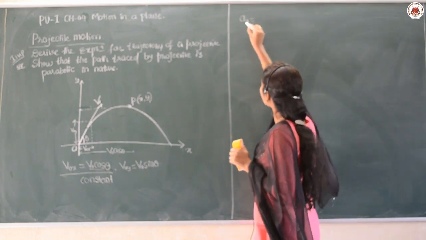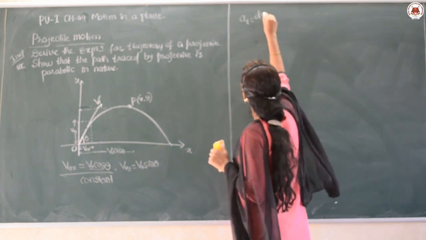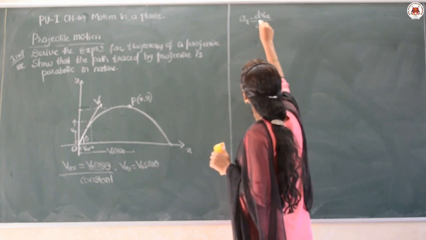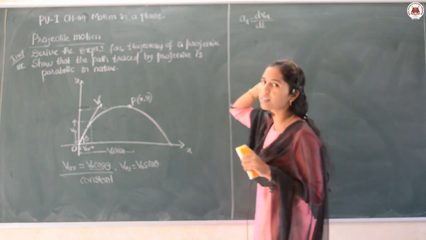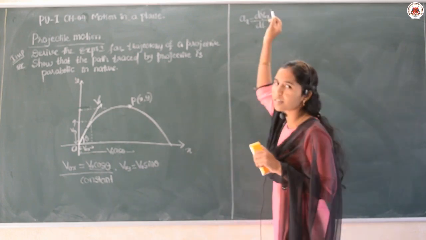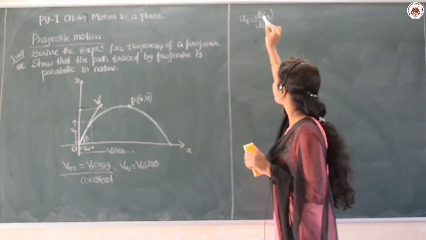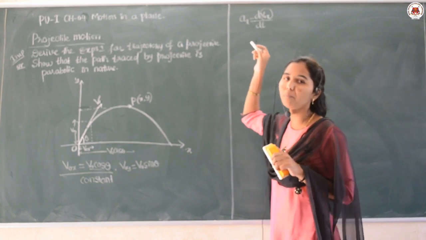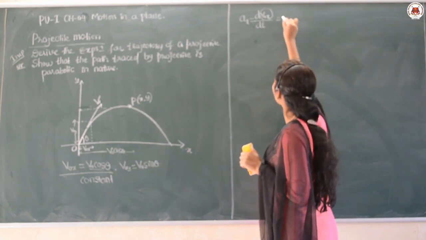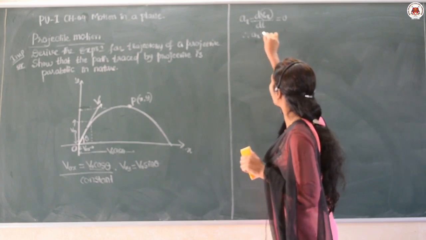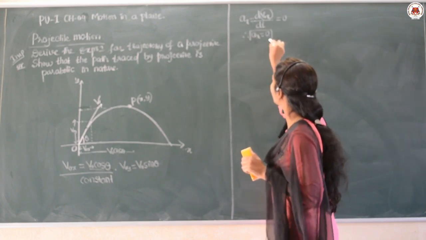So ax is taken as the derivative of the velocity, that is the horizontal component, dv0x upon dt, right? This component remains constant, so the derivative of the constant with respect to the time will become 0. Therefore, we consider during its motion ax is equal to 0 only.